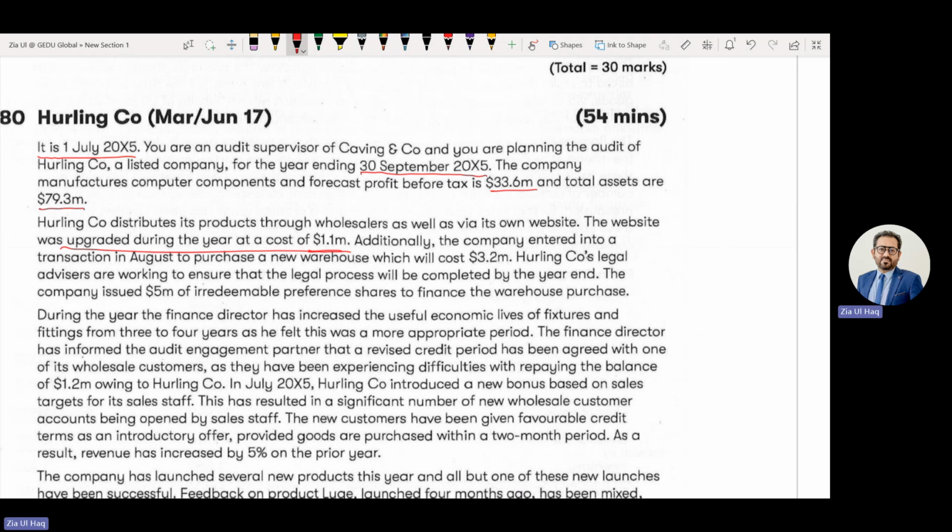Additionally, the company entered into a transaction in August to purchase a new warehouse, which means a new asset, which will cost $3.2 million. Hurling Company's legal advisors are working to ensure that the legal process will be completed by the year end, but the legal process relating to purchase of the warehouse is not completed yet.